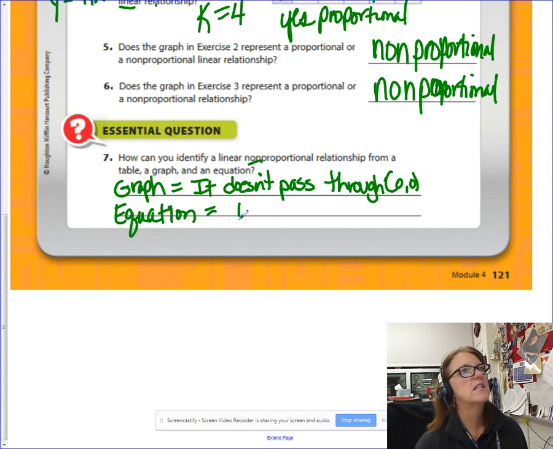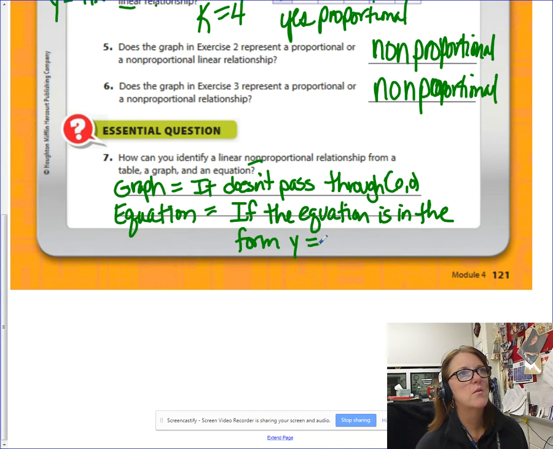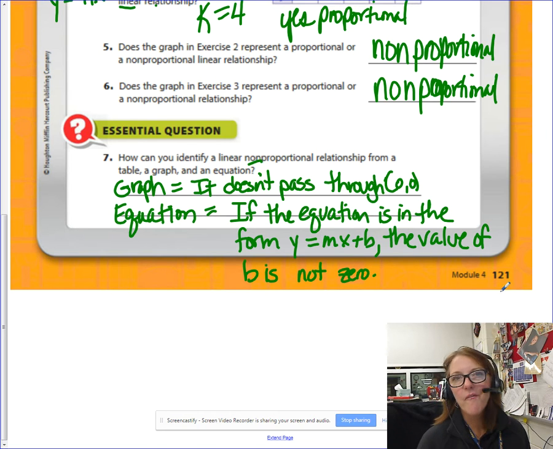So if the equation is in the form y equals slope times x plus y-intercept, mx plus b, the value of b, which is the intercept, is not 0. There you go.